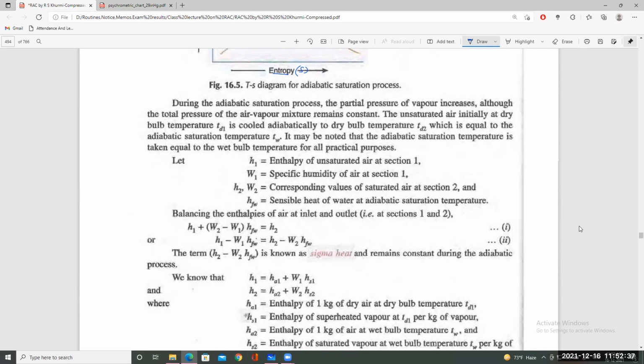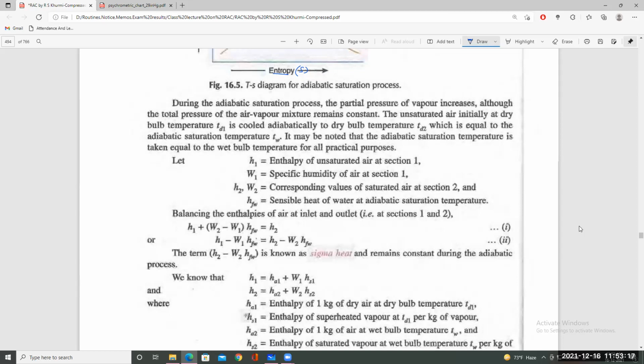Here hd1 is the enthalpy of 1 kg of dry air at dry bulb temperature, plus W1, the amount of moisture present per kg of dry air, times hs1, the enthalpy of superheated vapor at TD1. So this enthalpy of the superheated vapor multiplied by the amount of moisture present, added to the 1 kg of dry air at dry bulb temperature TD1, gives you the enthalpy at point 1.